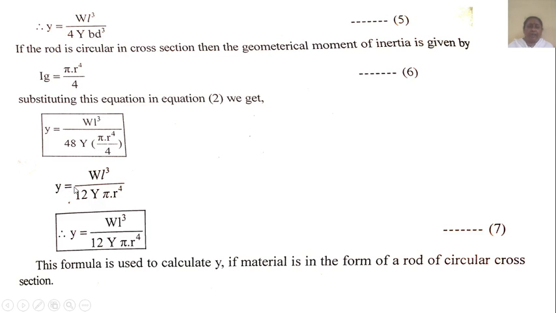So y equals W into L cube upon 12 Y pi r raised to 4. This formula is used to calculate y if the material is in the form of a rod of circular cross section.